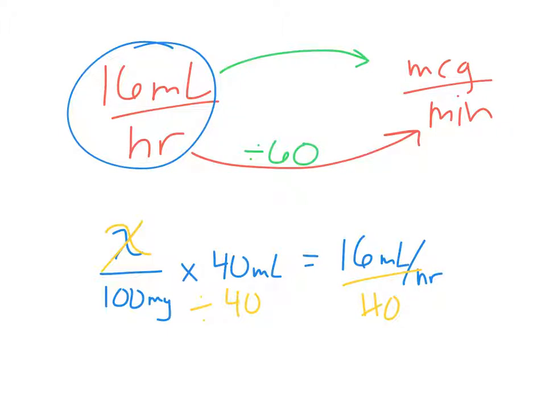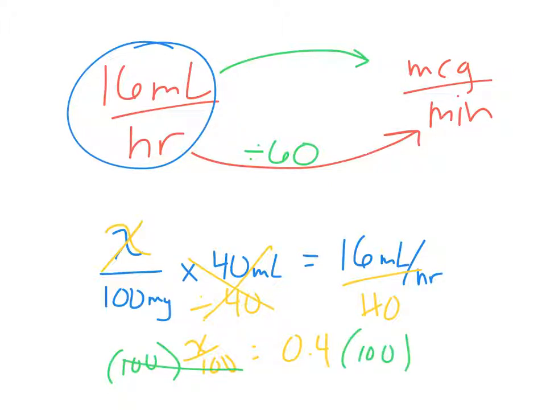And then 100 is being divided, so that cancels that out, and that gives me x over 100 is equal to 0.4. And then since 100 is being divided, we will have to multiply by 100 on both sides to get x by itself. So I multiply by 100, and that will give me x is equal to 40.